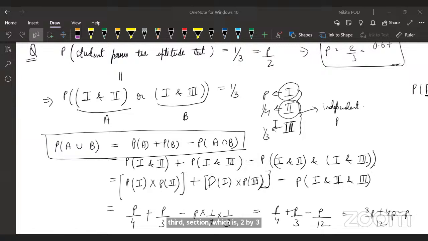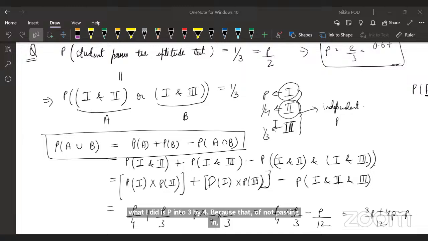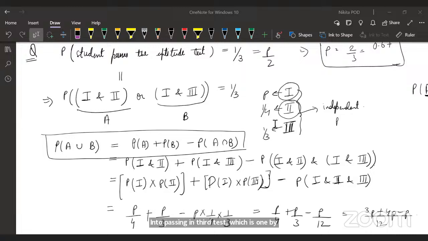And then I did plus. According to the second condition, the student should not pass the second test if he is passing the first and third. So I did P into 3/4, the probability of not passing the second test, into passing the third test, which is 1/3. I put it equal to 1/3.